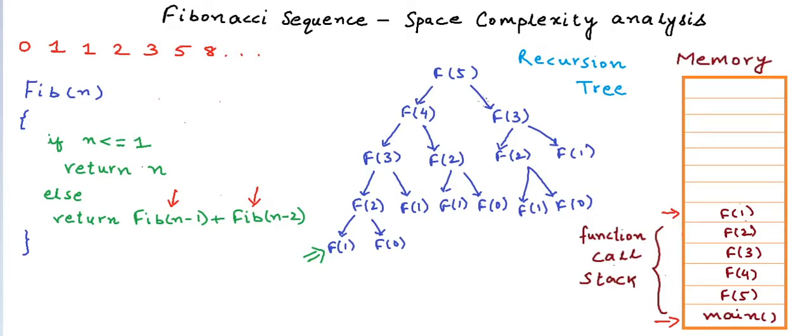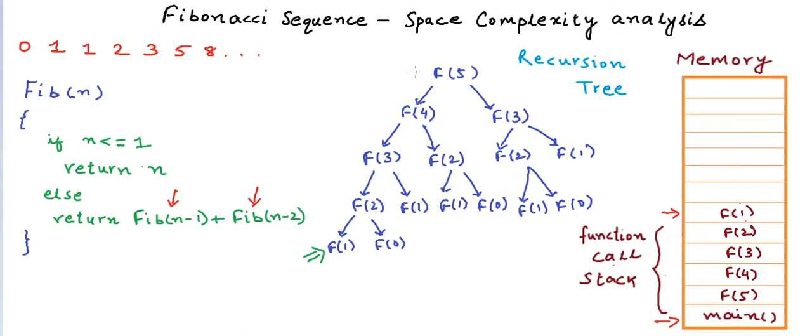So this was the maximum space consumed. And if you analyze it well, the maximum space consumed by a recursive program is proportional to the maximum depth of the recursion tree, and the maximum depth of the recursion tree is defined as the length of the longest path in the tree.